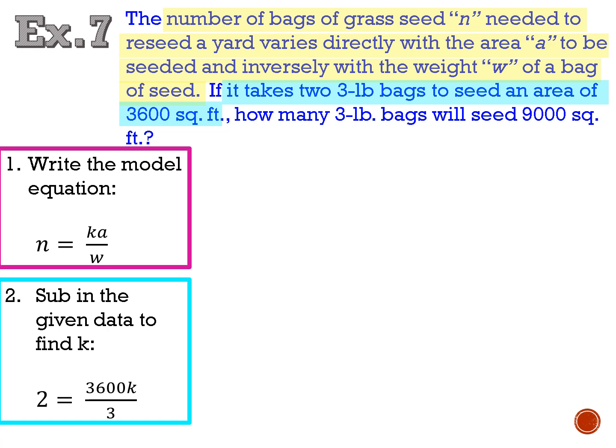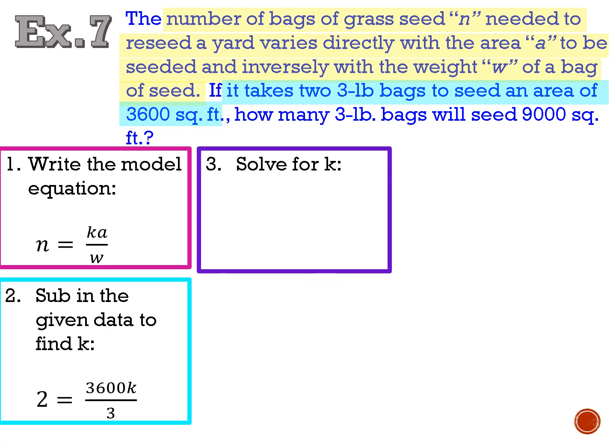Now, you could do one of 2 things. You could multiply by 3 on both sides to get rid of that division by 3 and divide by 3,600. Or, in this case, 3,600 is divisible by 3. That becomes 1,200. Either way, perfectly fine. It really doesn't matter which way you tackle this problem.